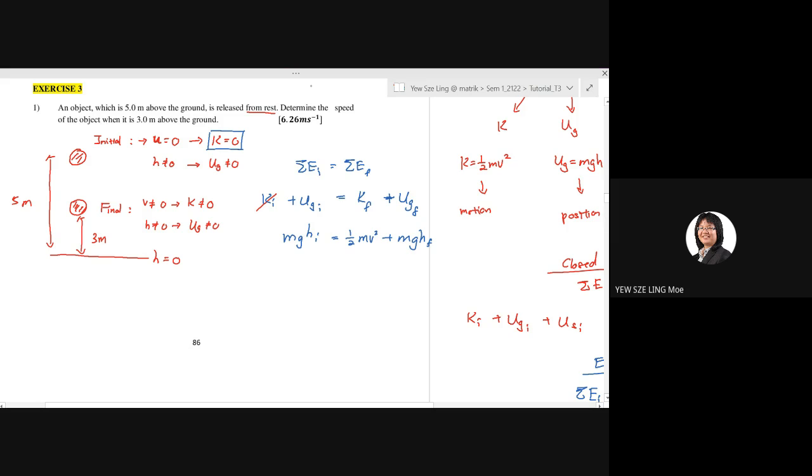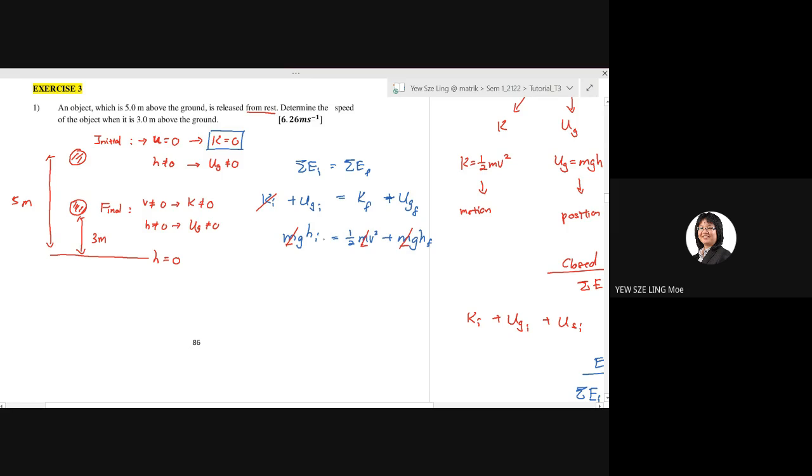Why? Because if you look at the equation, all three terms come with m. I have m here, I have m here, I have m here. And they are all coming from the same object, which is this ball. So I can straight away cancel it from my equation, provided all terms, all UG, K, and UG, have the same m. They have the same mass.